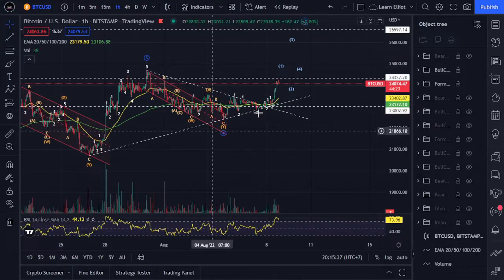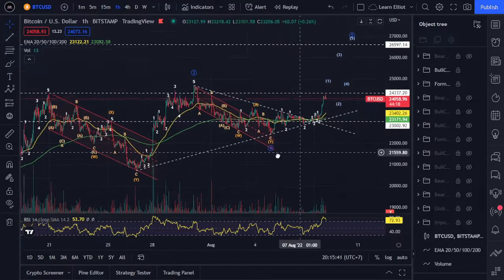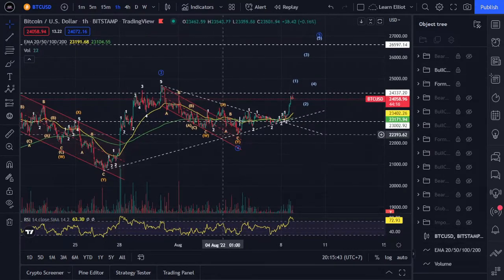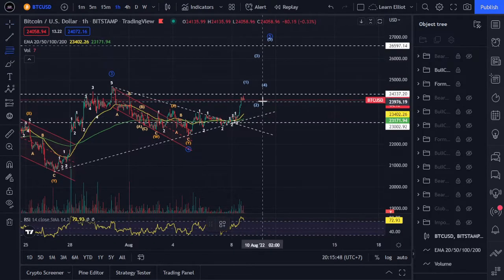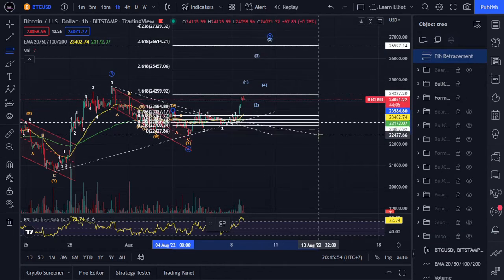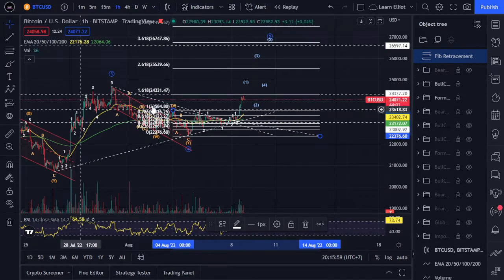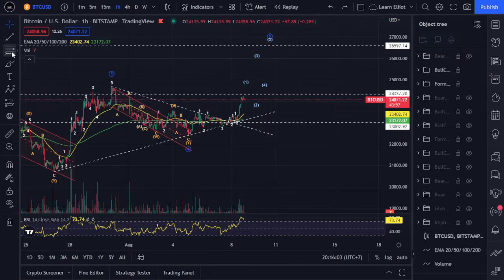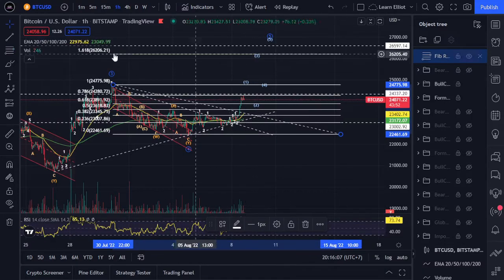The wave is a little bit tricky to count because we have too many 1-2 setups and waves inside a wave. But my calculation is, if this bull case scenario is about to play, it needs to reach higher to this wave around here, which is the 1.618 Fibonacci retracement from this platform.